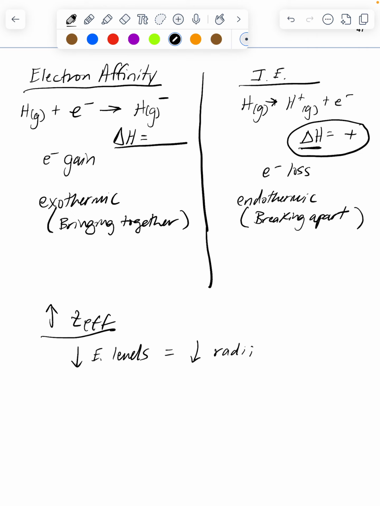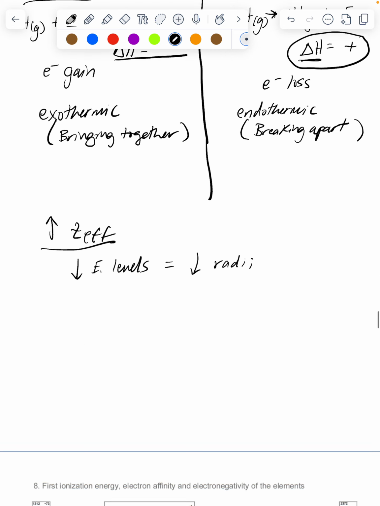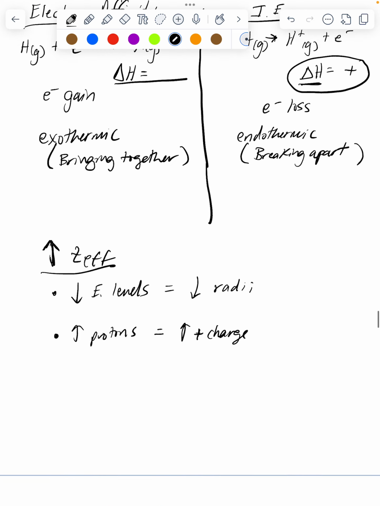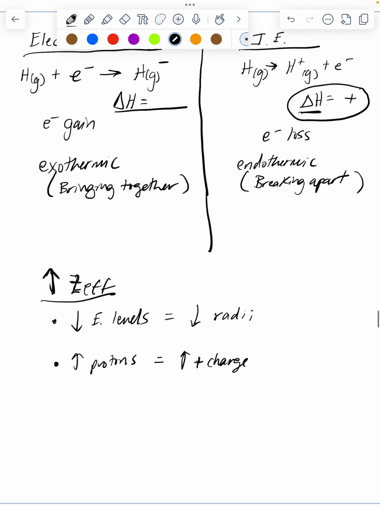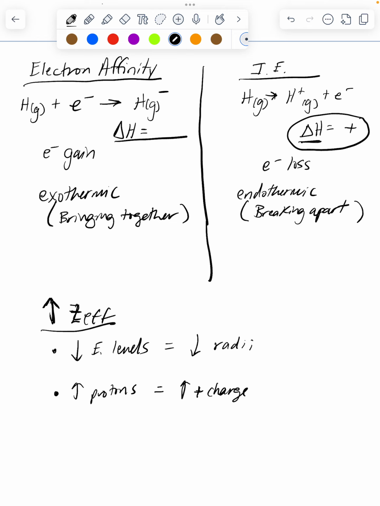So when particles are smaller, we expect their nuclei to attract electrons more. We also know that if we increase the number of protons, assuming the energy levels are the same, then the positive charge of the nucleus is going up, and therefore we expect the effective nuclear charge to go up as well. So these two rules about effective nuclear charge that hold true for radii and electronegativity generally hold true for these two properties as well.